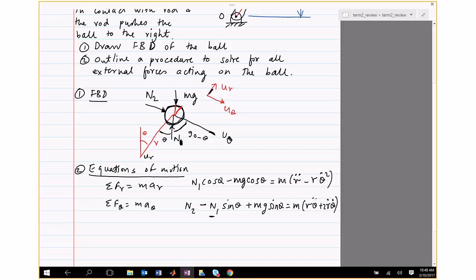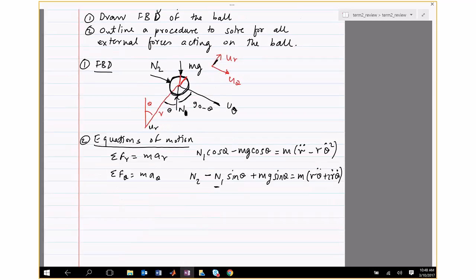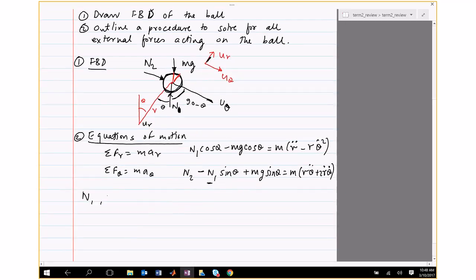Okay, so the question is, I need to find N1 and N2, right? So these are two equations. I need to convince myself that these are two equations in two unknowns.